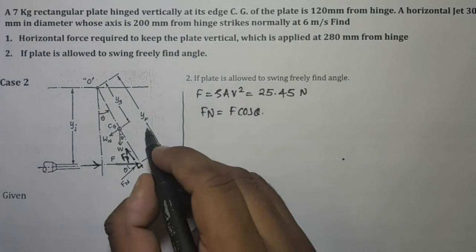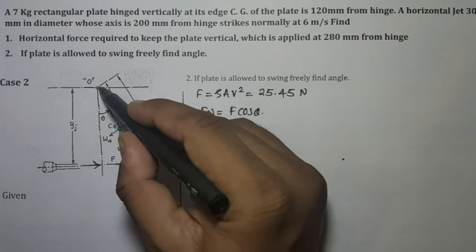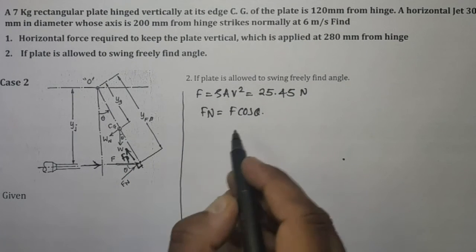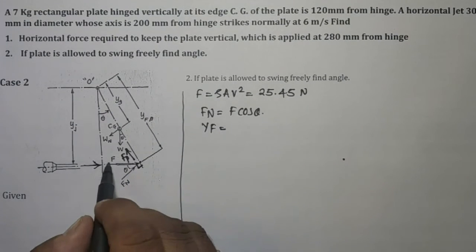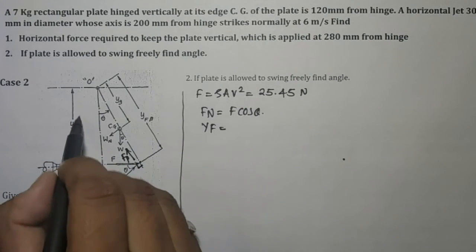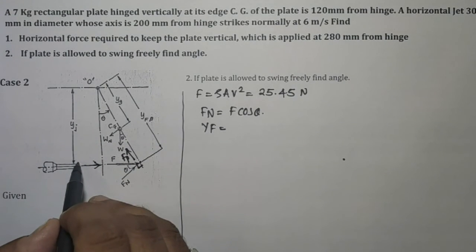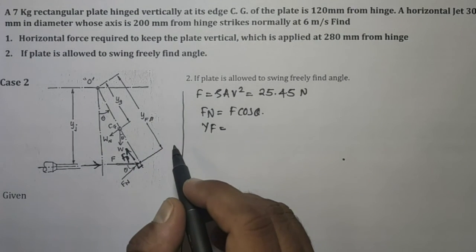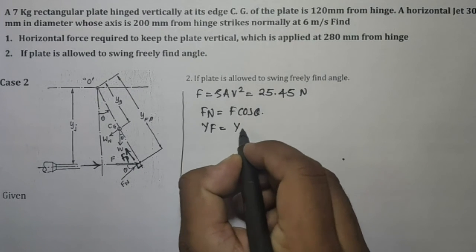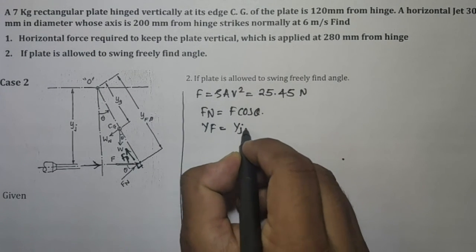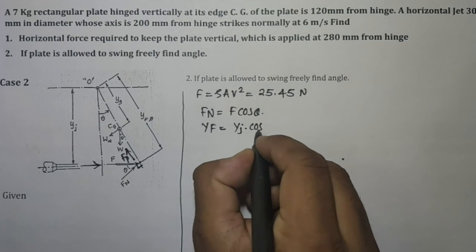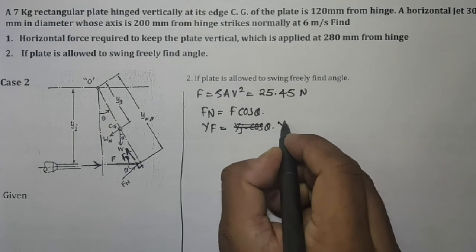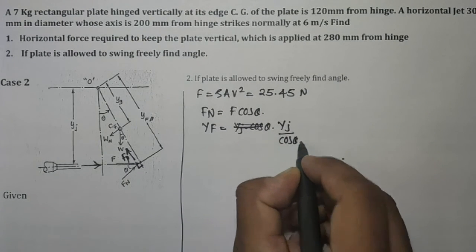Now this force Fn is actually at the location Yf. If this is Yj, then with the help of basic trigonometry, we can say that Yf is Yj upon cos theta.